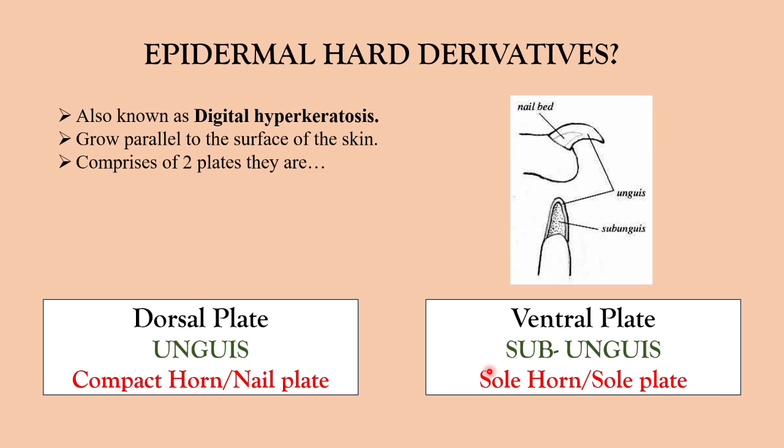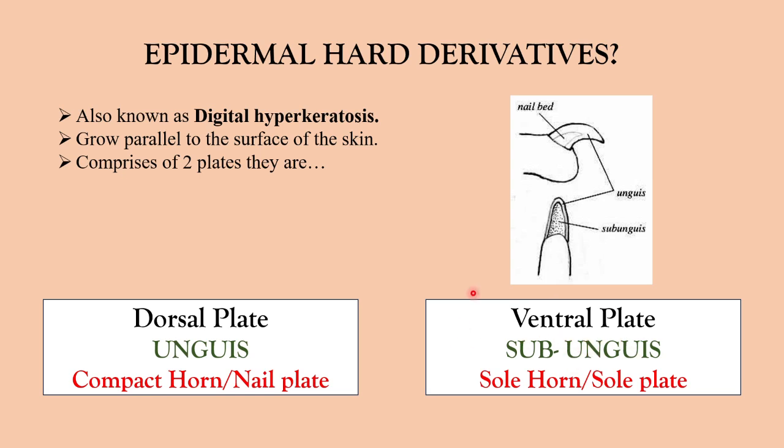The epidermal hard derivatives, or digital hyperkeratosis, grow parallel to the surface of the skin. These are the outgrowths formed on the digits of an animal. These derivatives comprise two plates: the dorsal plate or the unguis, and the ventral plate or the subunguis.